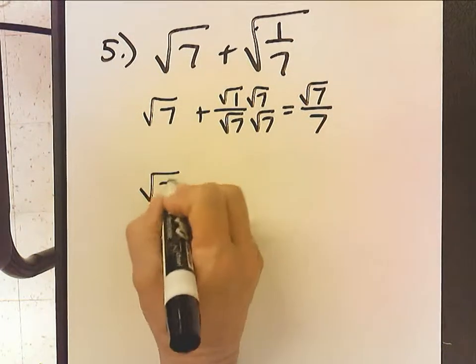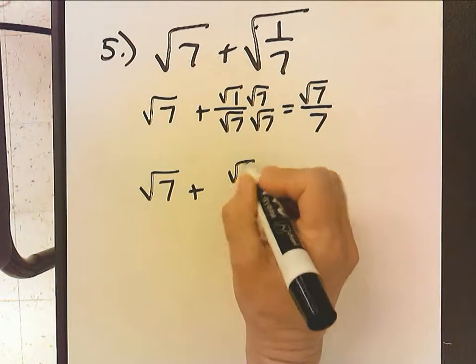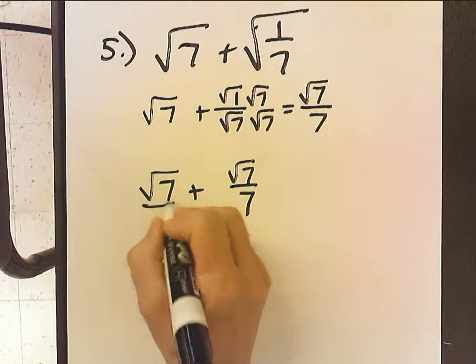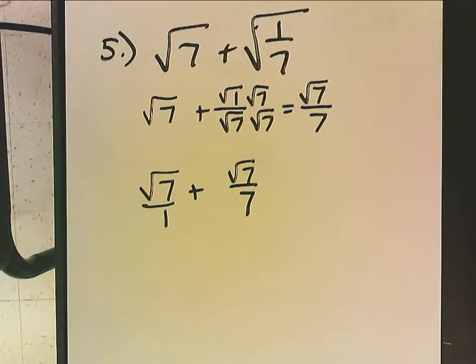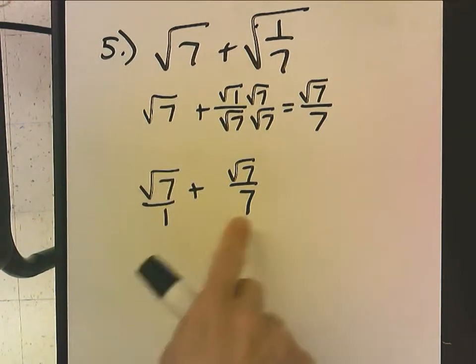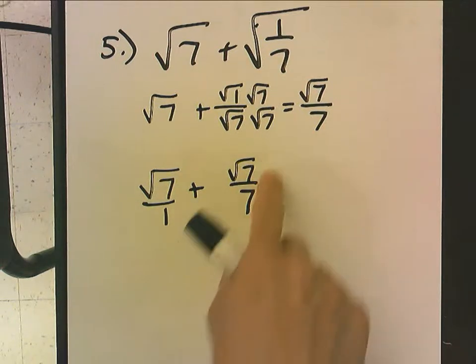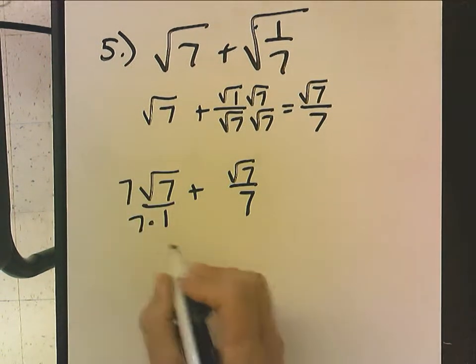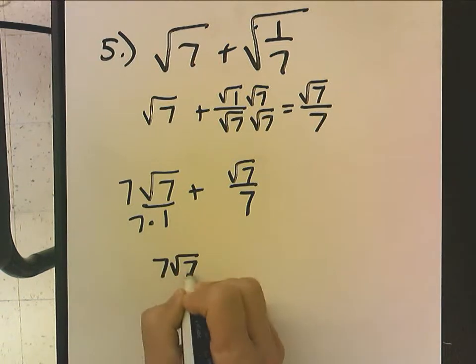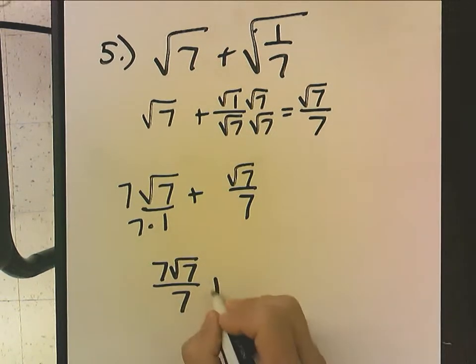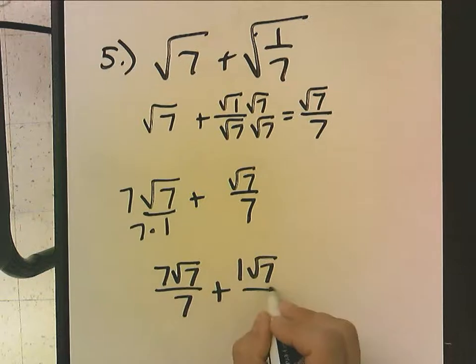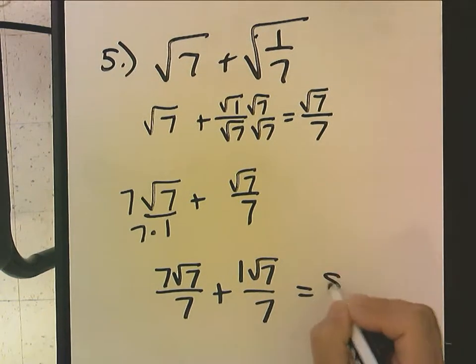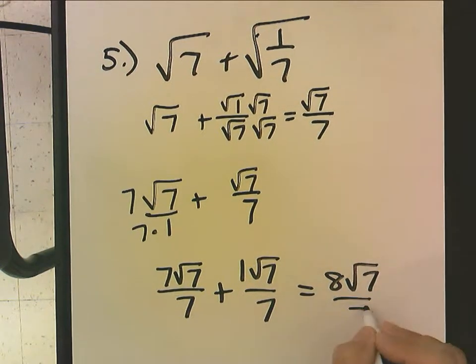So now I have root 7 plus root 7 over 7. Well, this is really root 7 over 1. If I want to make this have a common denominator with root 7 over 7, I'd have to multiply the top and the bottom by 7. So I get 7 root 7 over 7 plus 1 root 7 over 7, and that equals 8 root 7 over 7.